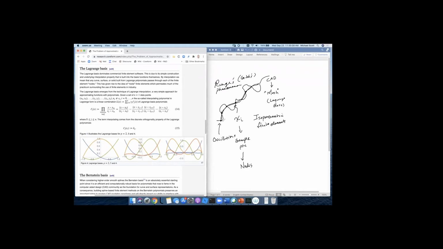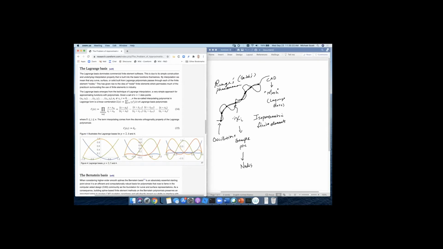So that is an issue with using interpolation, because in some sense you're forcing a function to go through a set of points where, energetically, it may not make the most sense for that to be what you want to enforce.